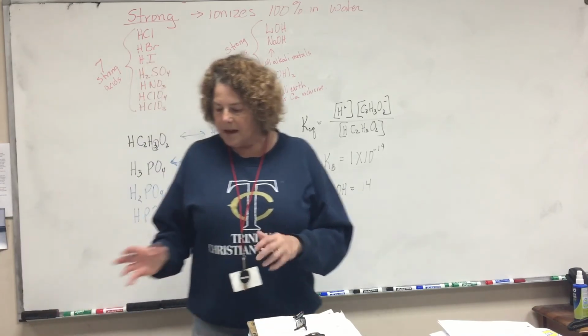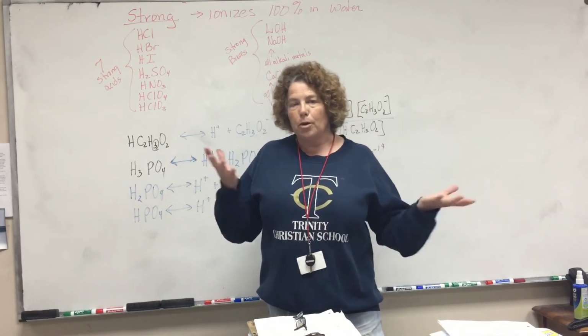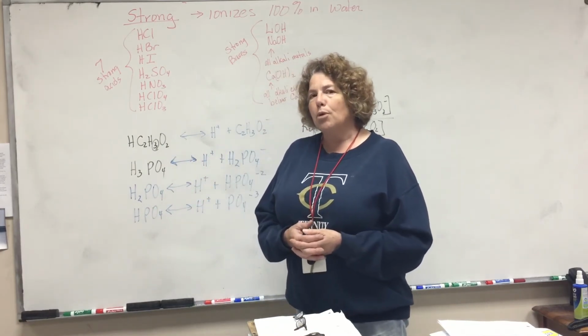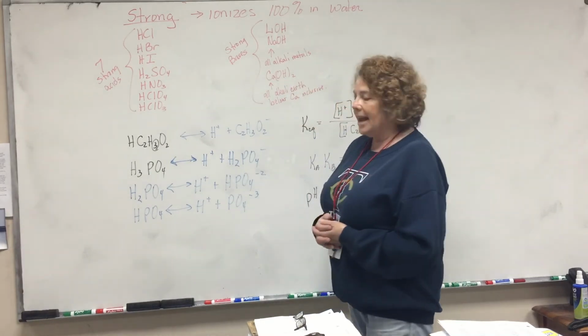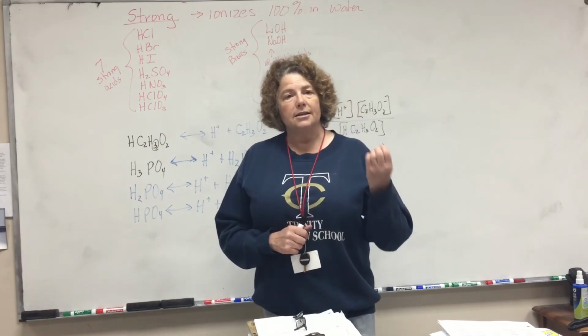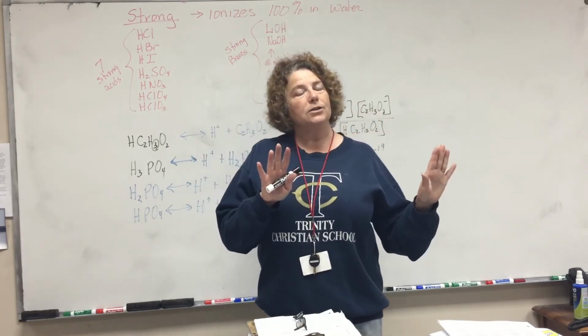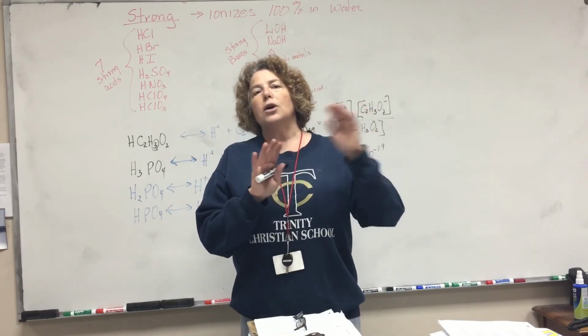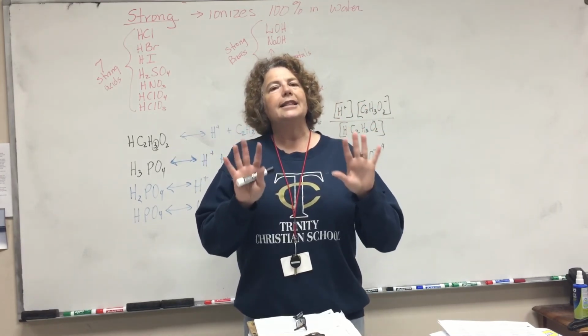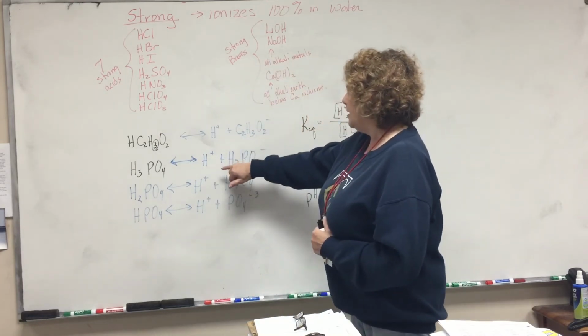Okay. Now, some things like water, you ever heard of something that's ambidextrous? They can use both hands? Well, if it's amphiprotic, that means it can act as an acid or a base. And we already saw from the last video that water can act as an acid or base. Water can donate a proton or accept a proton. So anything that can do that, in fact, we can look at this right here.